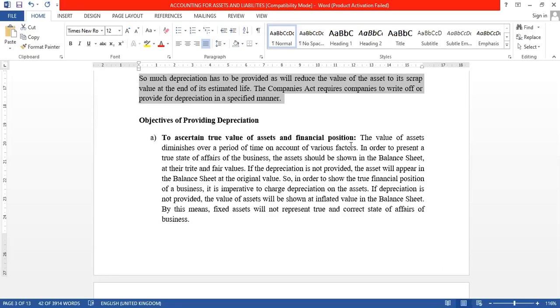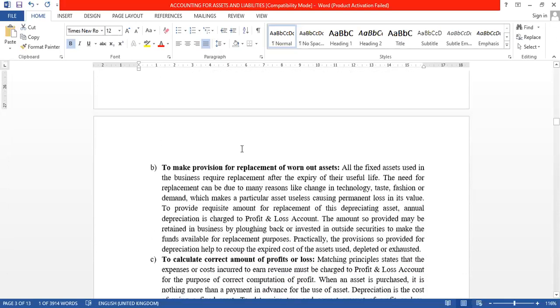Of course, no. You need to be realistic, and therefore you might value that vehicle and tell us today it is worth 3 million, right? And therefore, to ascertain the true value of an asset, we must provide for depreciation.